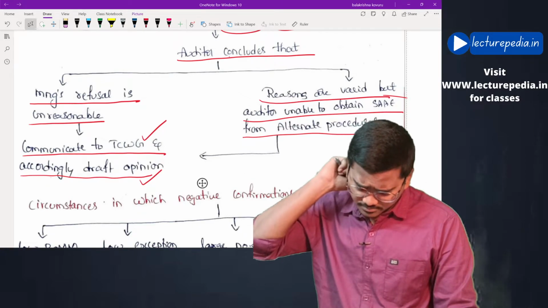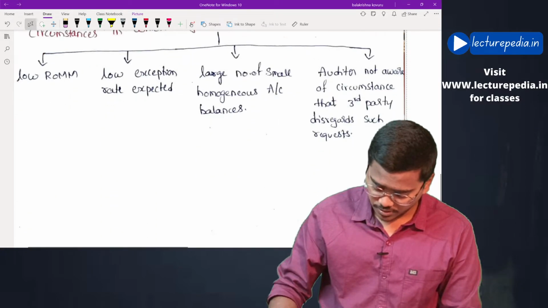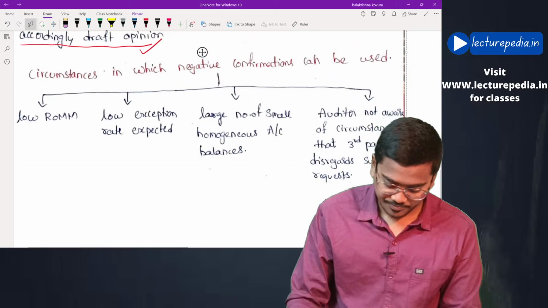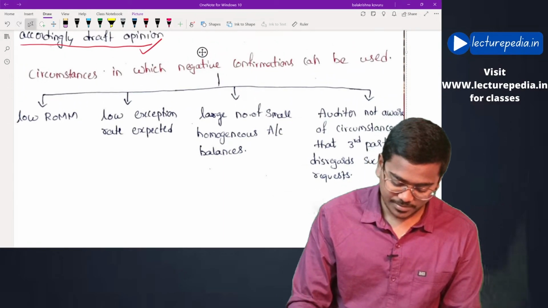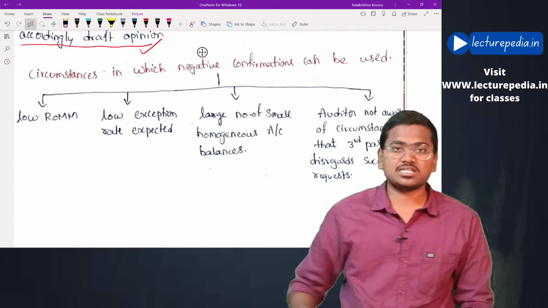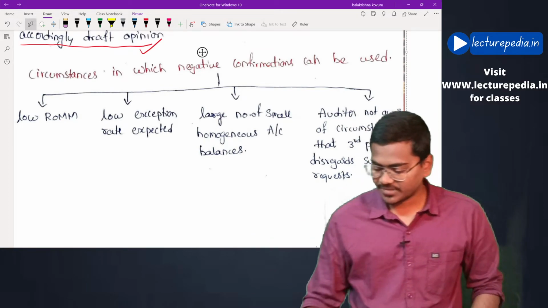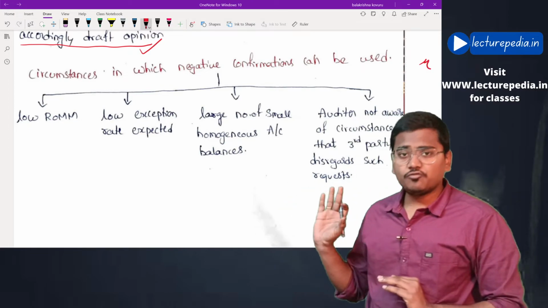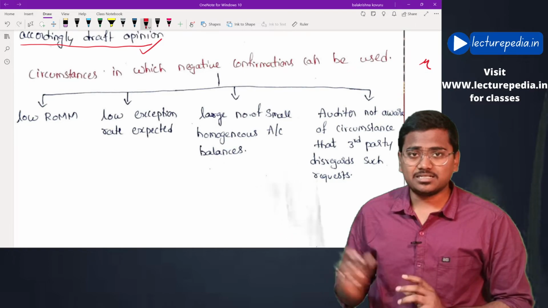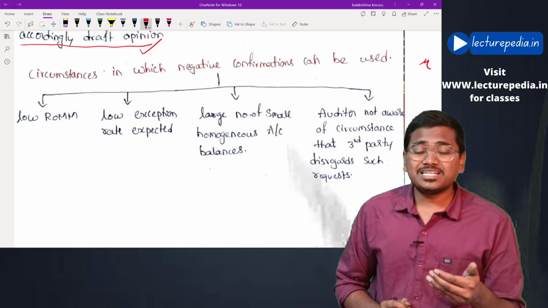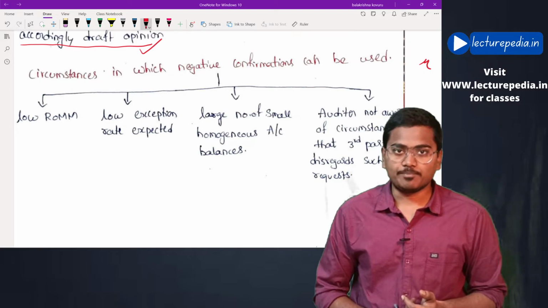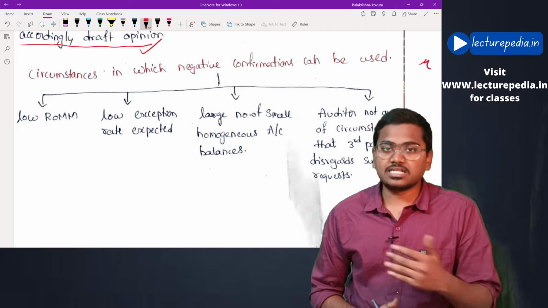Next, there is another point that we left. What are the situations in which the negative external confirmation can be used? Basically, if these four situations are present, then the auditor can decide to send a negative external confirmation request.